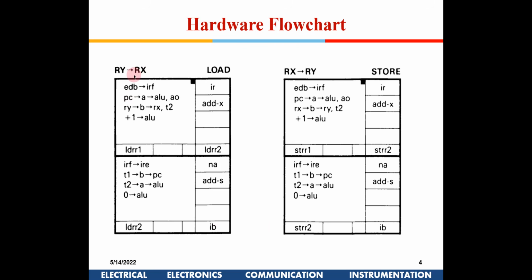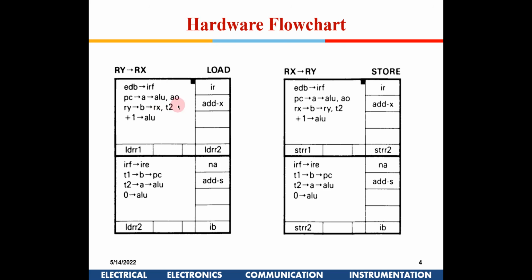Let's take one more example where I am loading the data from RY to RX. So I am loading a data. We start here, RY, and through data bus B it is being brought to RX.